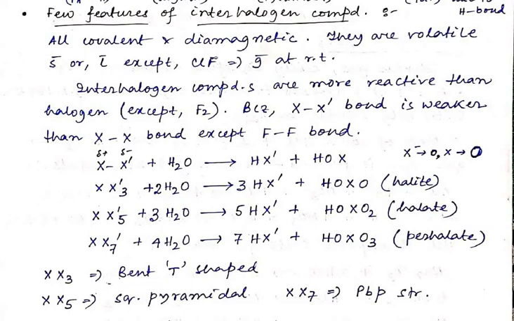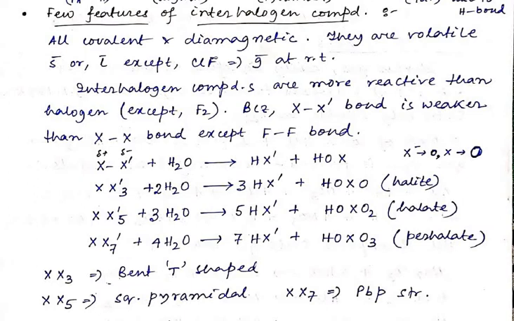And they are volatile solids or liquids except ClF, which is a gas at room temperature. So all interhalogen compounds are volatile solids or volatile liquids except only one, ClF, which is a gas at room temperature.